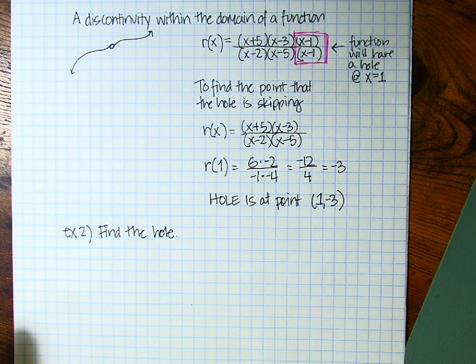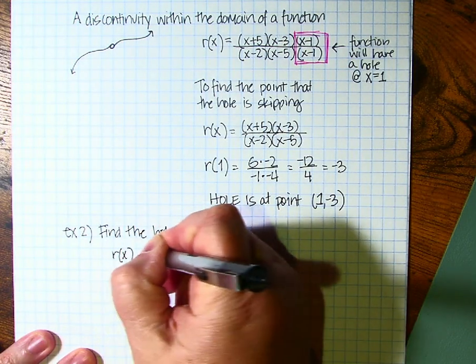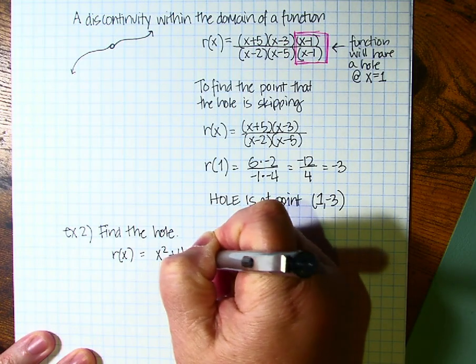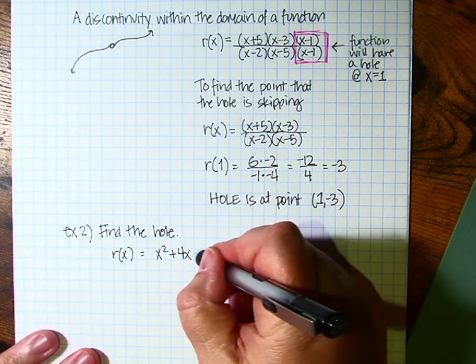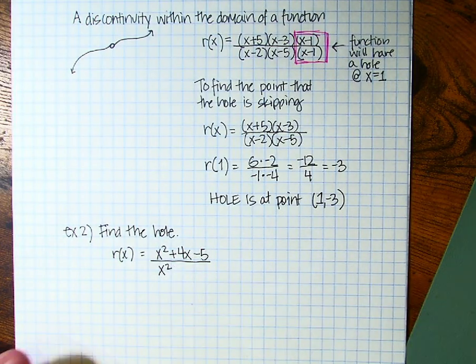We've got an x squared plus 4x plus 5. So our r of x is going to be x squared plus 4x, it's got to be a minus 5, over, let's say, an x squared plus x minus 2.